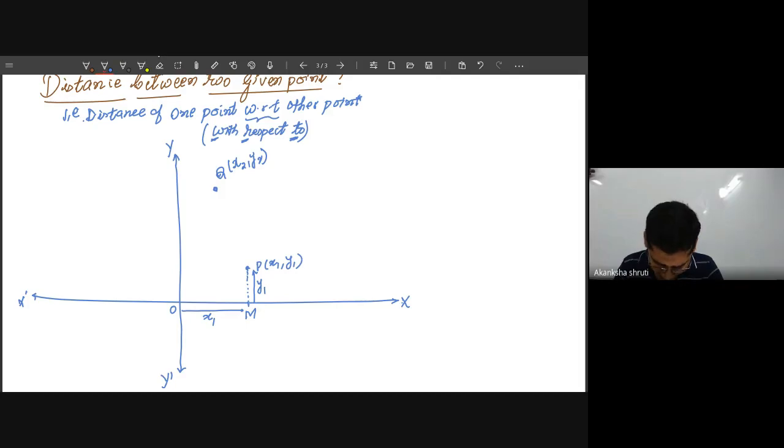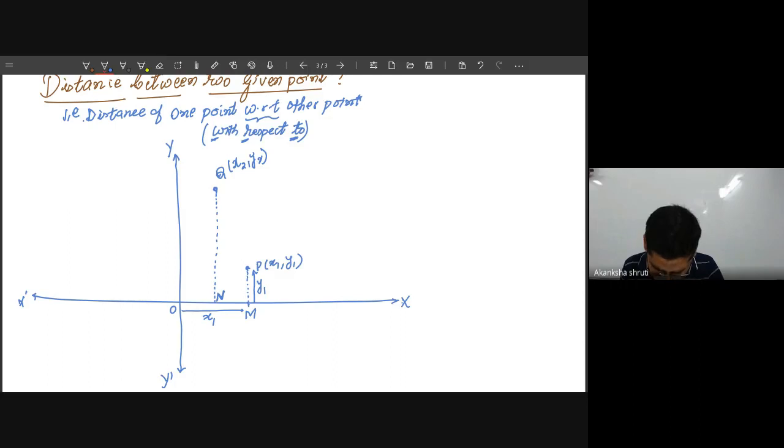Now the other one is Q. Again draw the perpendicular on the horizontal axis from Q. Let us call this point N. So what is x2 here?